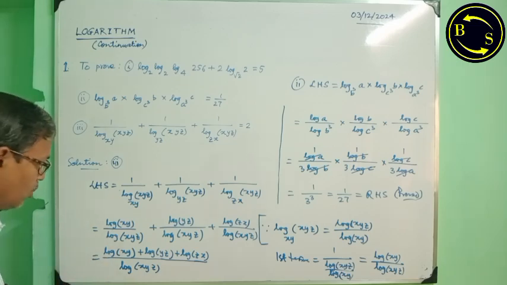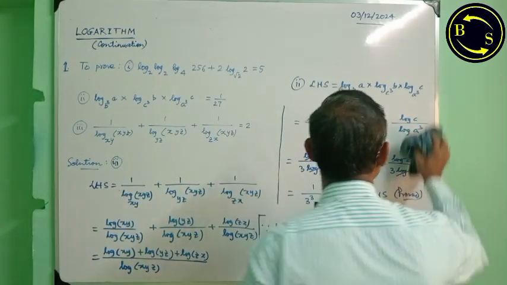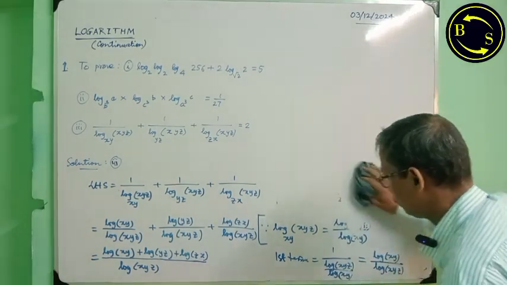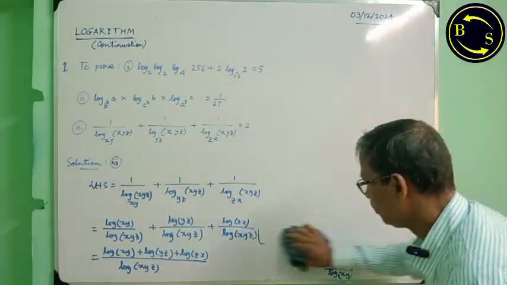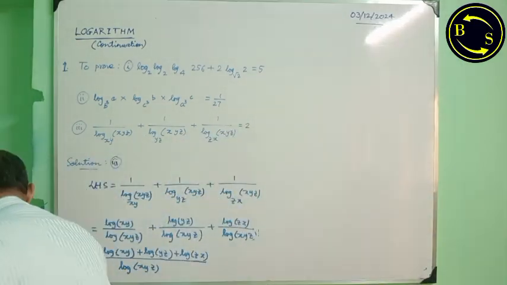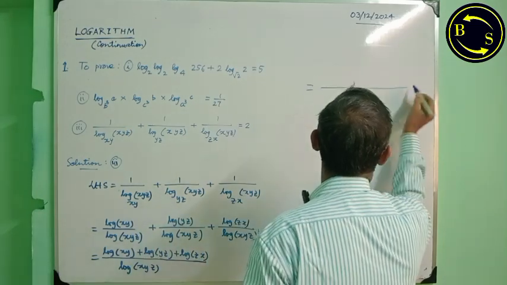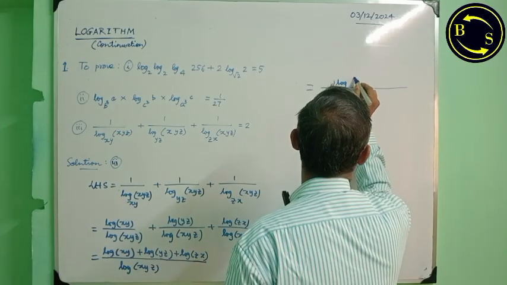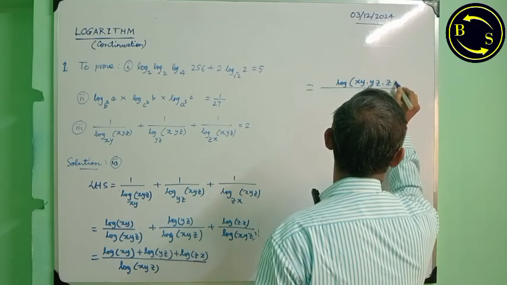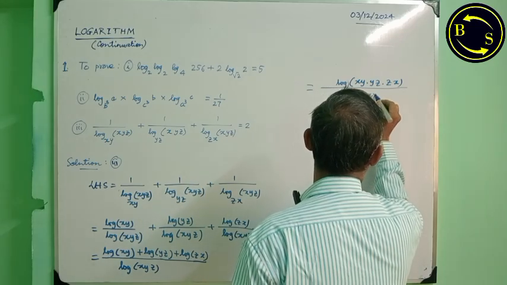Now already we know the formula log of A plus log of B is equal to log AB. We shall apply that now: log of xy, yz, zx, over log of xyz.